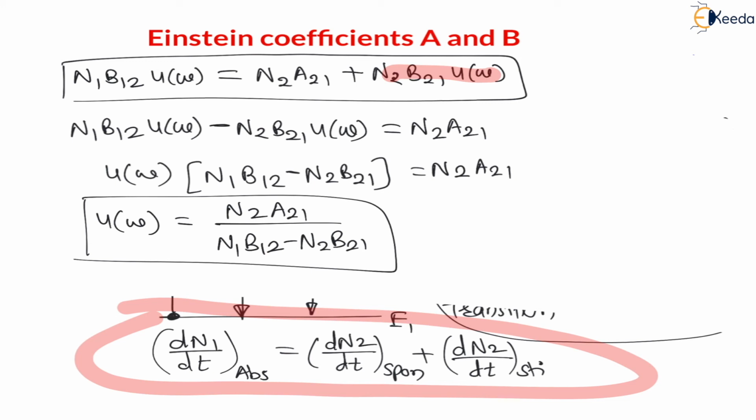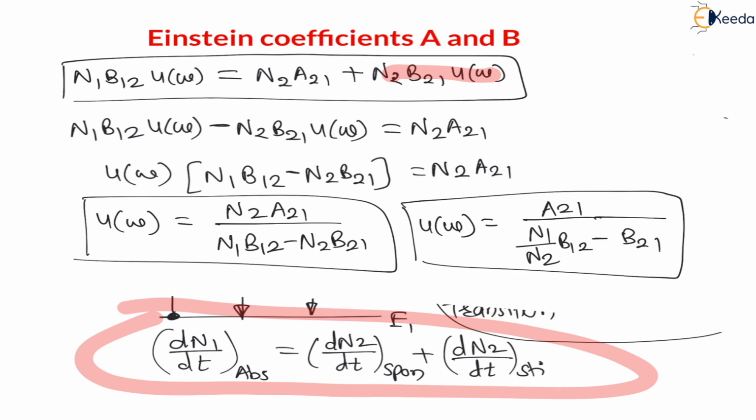Therefore U omega will become A21 divided by ((N1 divided by N2) times B12 minus B21). This will be our fourth equation, because already three equations we have written. Let us write down this as the fourth equation.